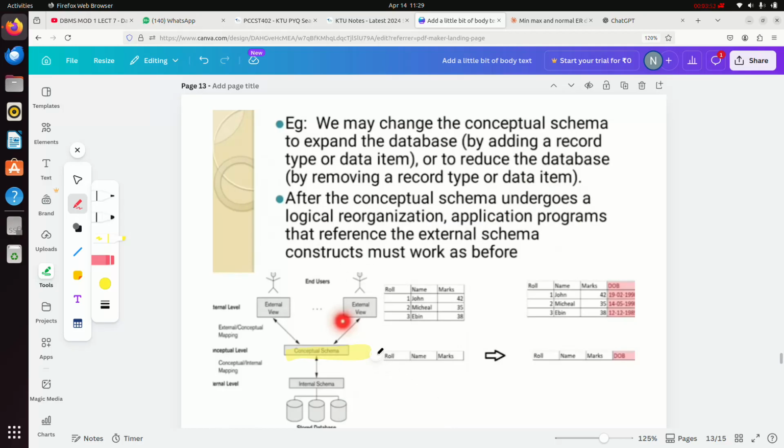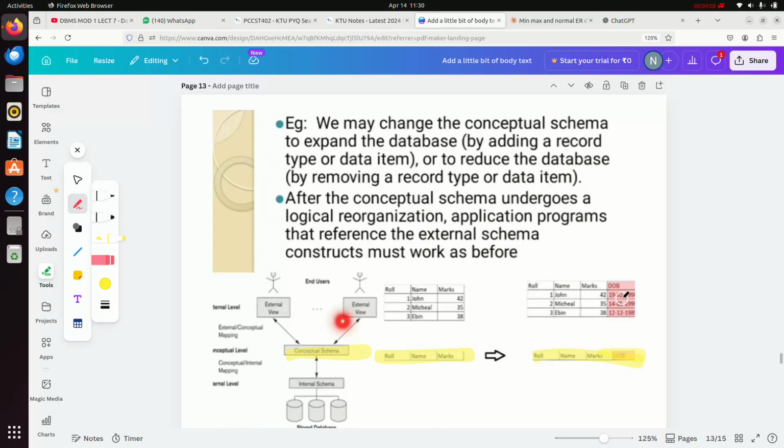This is my conceptual schema before. If I want to expand the database by adding a record, or reduce the database by removing something, here I had DOB.